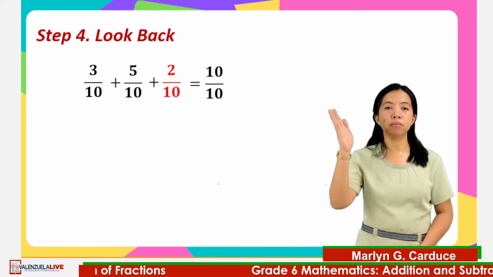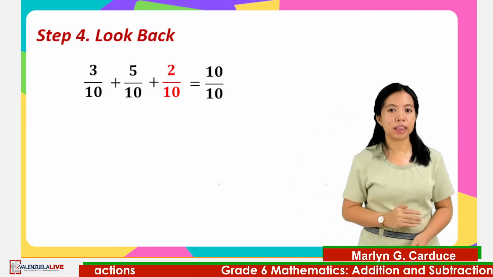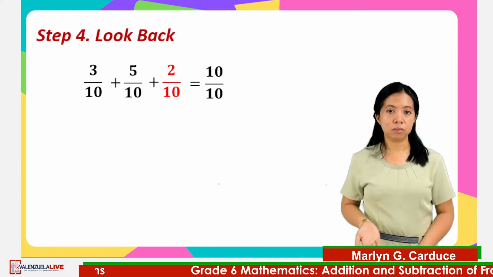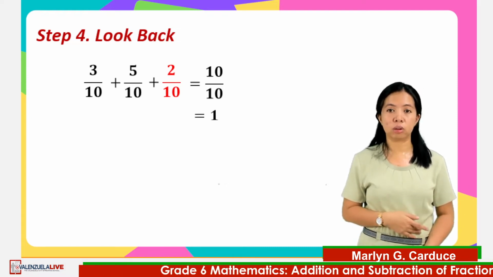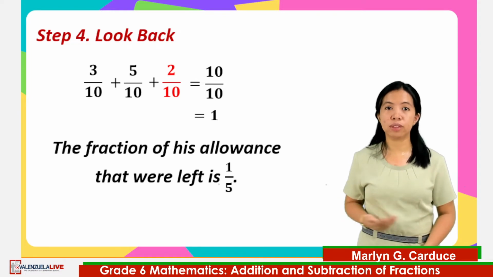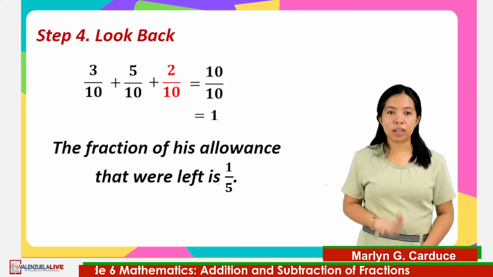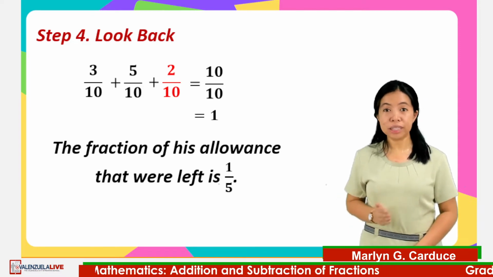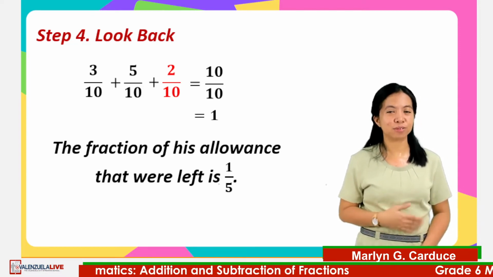And write the sum over the common denominator, 10, or 10/10, which is equal to 1, or a whole. So therefore, 2/10 or 1/5 is the fraction of his allowance that was left.